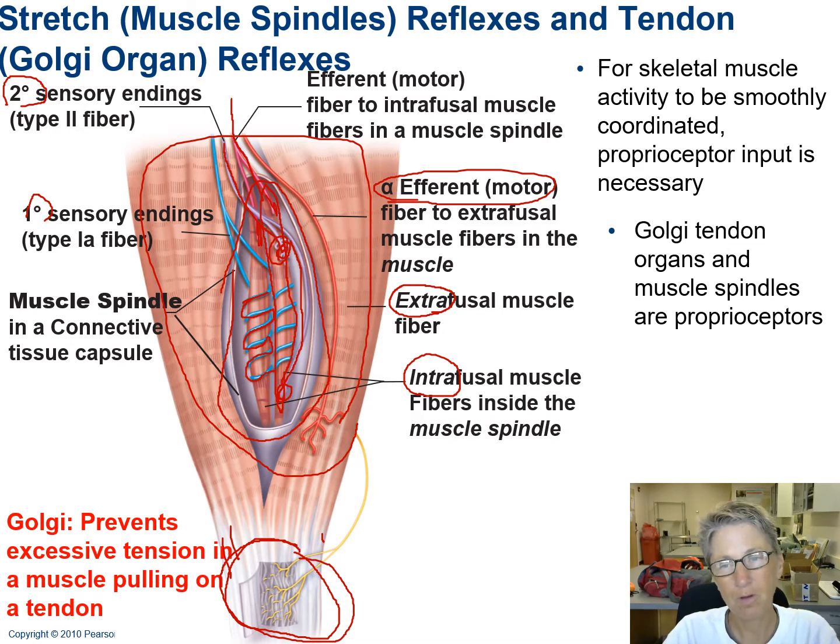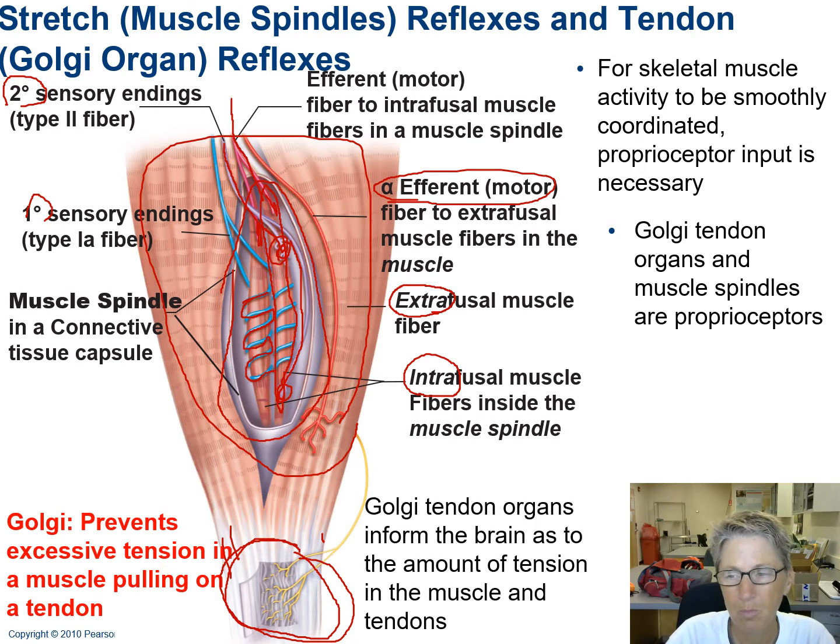If you want your skeletal activity to be smoothly coordinated, like we all do, you have to have this proprioceptor input. So this is the basic component of proprioception, of knowing where your body is in space, knowing how much your muscles are contracting. So Golgi tendon organs and muscle spindles both are proprioceptors.